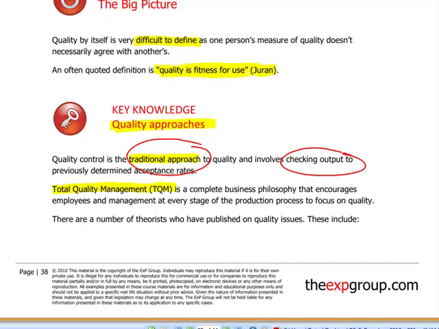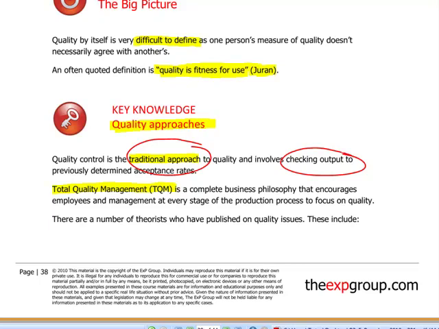Total Quality Management, TQM, is all about a change in the business mentality, moving away from thinking that quality is dependent on being checked at the end of the process, but rather saying that quality is totally important at all areas within the business.